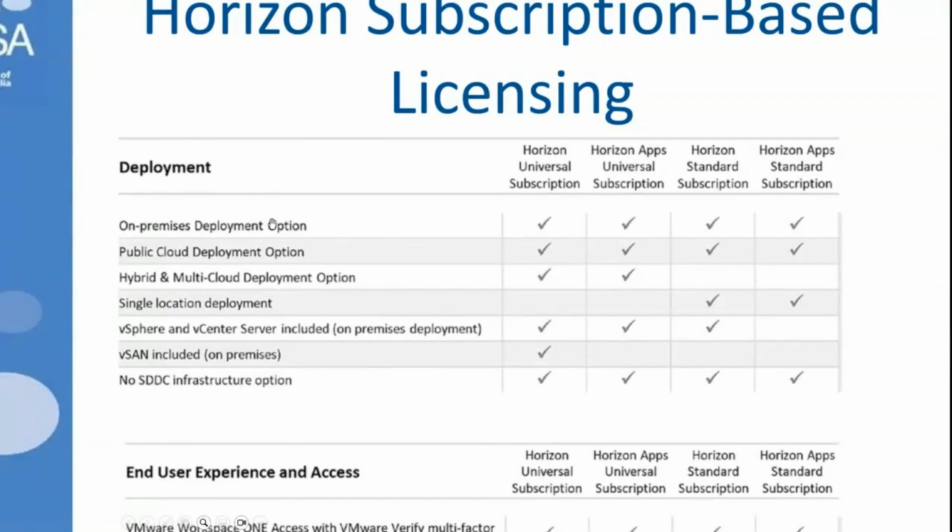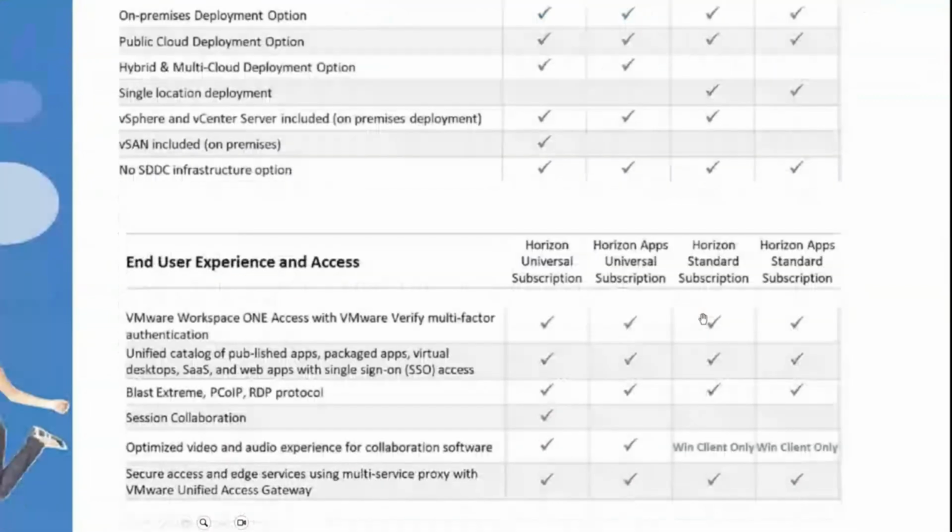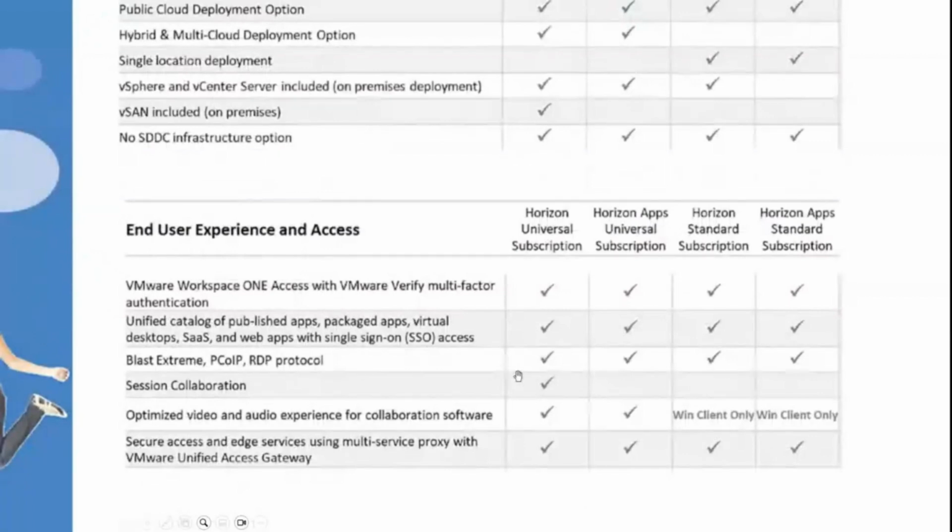I'm not going to go through each one of these, but if we want to do it on-premise, which is what your assignment's probably going to talk about, you can get away with any of these on-premise locations. But for end-user experience access, we've got VMware Workspace ONE Access with VMware verified multi-factor authentication.